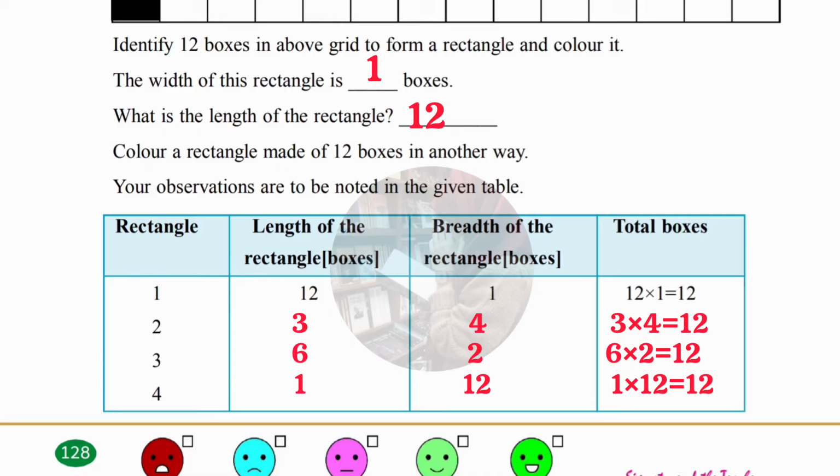Next, the second rectangle: length is 3 and breadth is 4. 3 into 4 is 12. Next, the third rectangle: length is 6 and breadth is 2. 6 into 2 is 12. Next, the fourth rectangle: length is 1 and breadth is 12. So total boxes: 1 into 12 is 12.